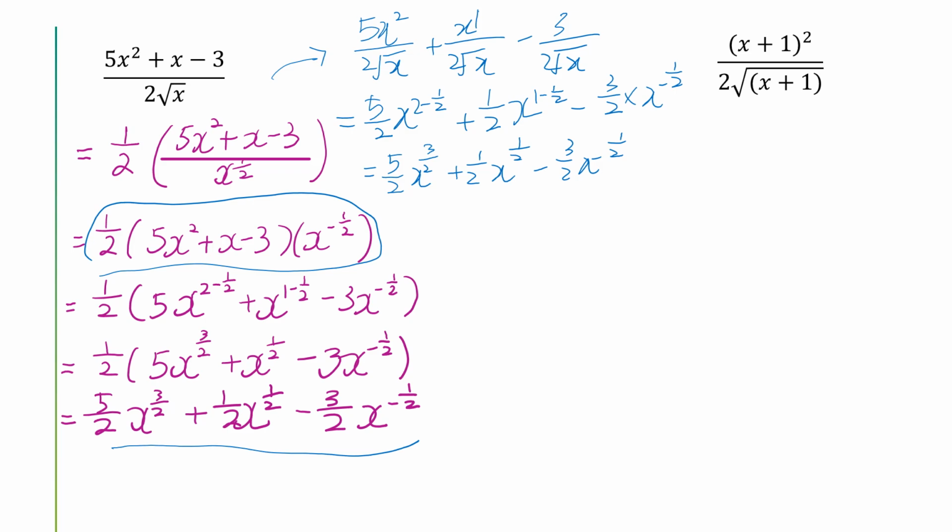The next one, basically, you will see that some people will just apply the quotient rule, which is not a good move, because this can be converted to x plus 1 to the power half, and basically you can just apply one of the rules you learned in indices that will give you a to the power m minus n.